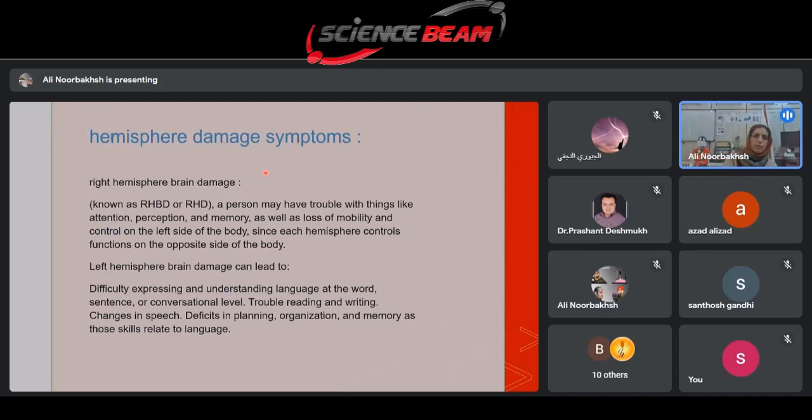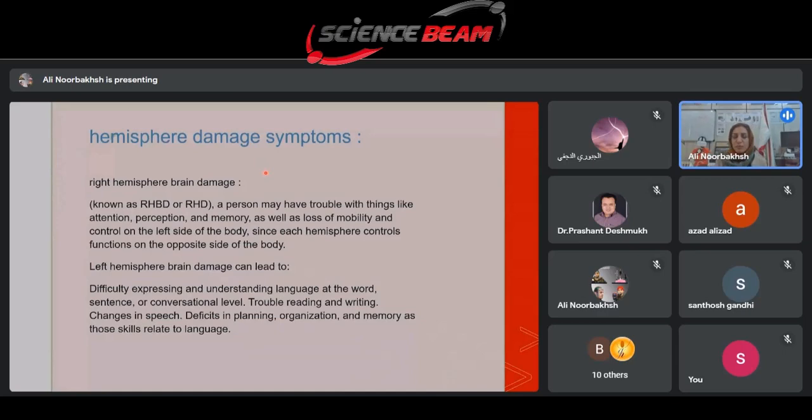If a hemisphere is damaged, you can see these symptoms. In the right hemisphere, a person may have trouble with thinking, like attention, perception, and memory, as well as loss of mobility and control of the left side of the body, since each hemisphere controls function on the opposite side of the body.